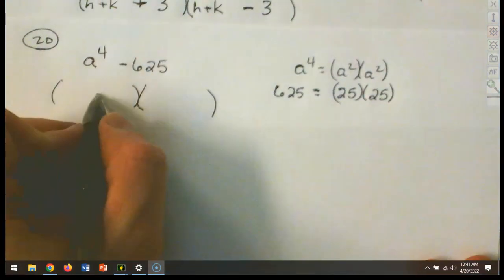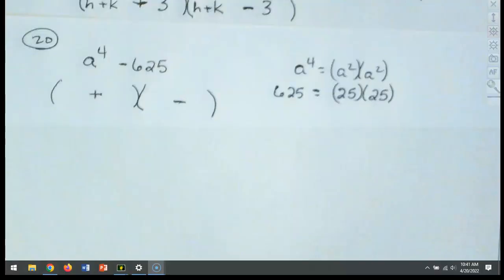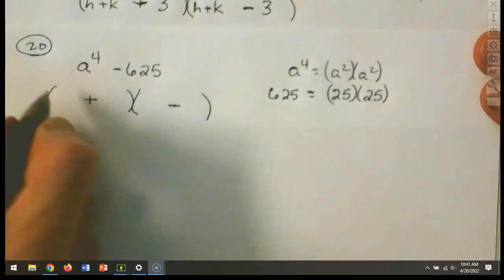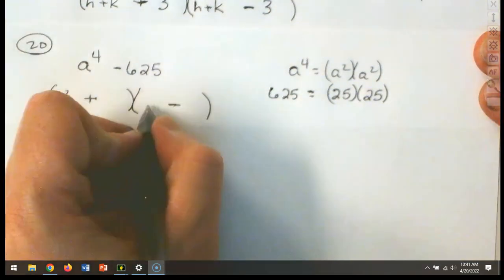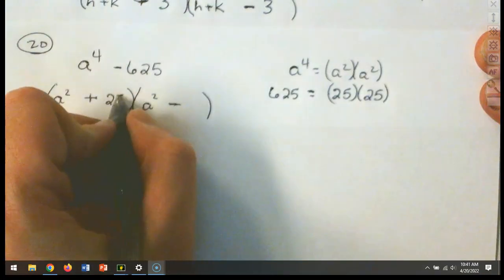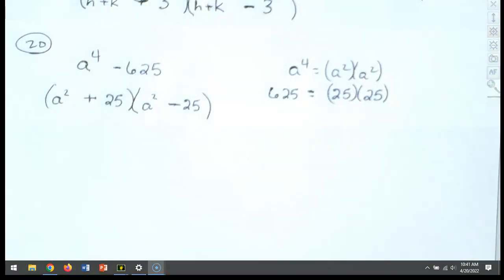If it's a difference of squares, we know we have a positive and we have a negative. That gives me a squared and a squared for the first blank, 25 and 25 for the second blanks.